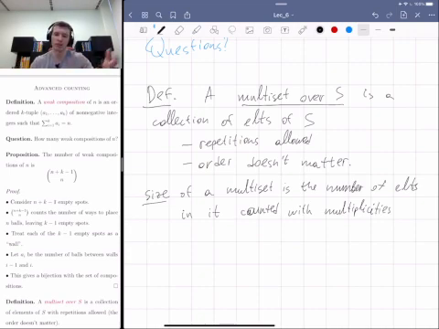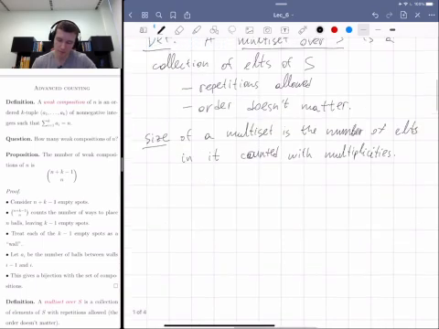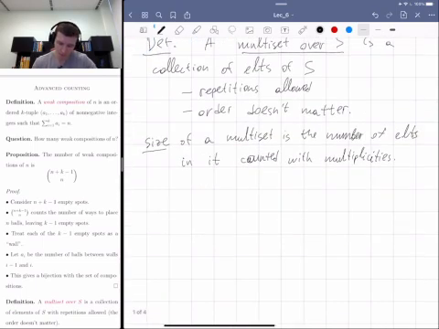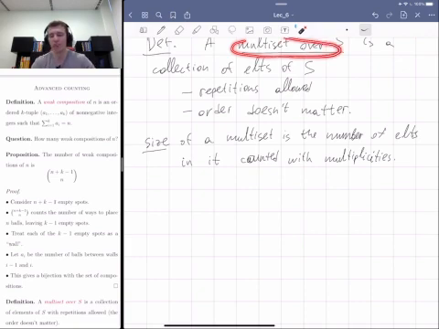So you got 3 oranges, that's a multiset of size 3. So the point I'm trying to make is that basically counting multisets is the same problem as counting weak compositions.